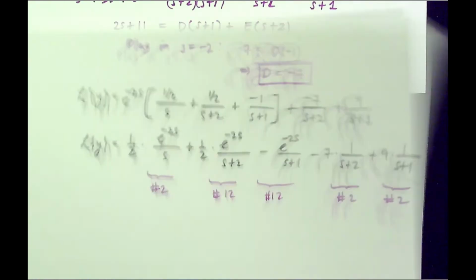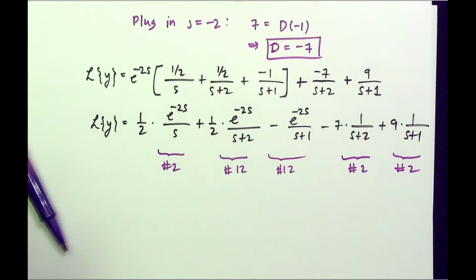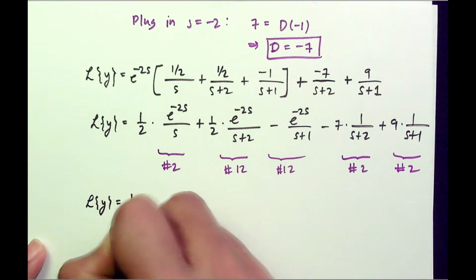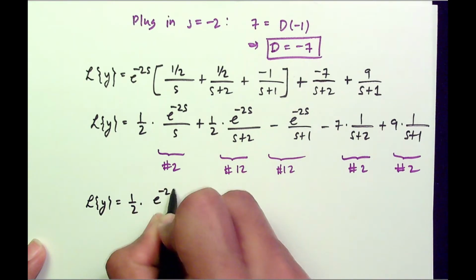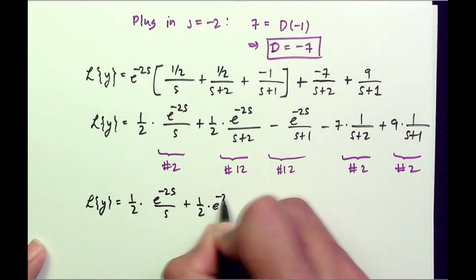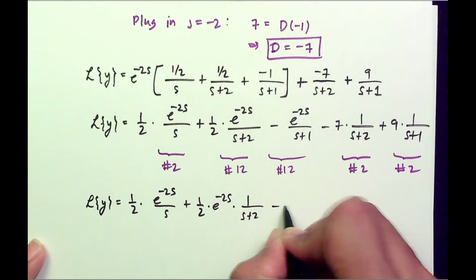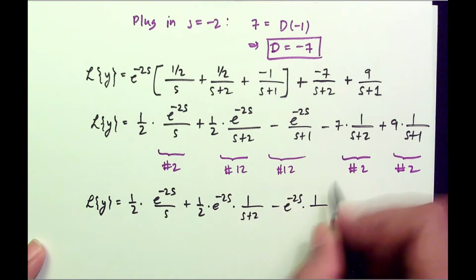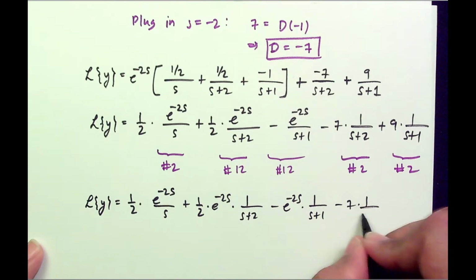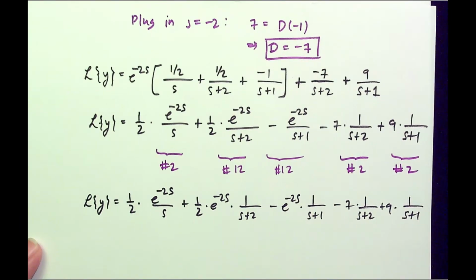Okay, so I'm just gonna take one more line to rewrite this slightly better and then use the table. Alright, so this is going to be a Laplace transform of y equals 1/2 times e to the negative 2s over s plus 1/2 times e to the negative 2s times 1 over s plus 2 minus e to the negative 2s times 1 over s plus 1 minus 7 times 1 over s plus 2 plus 9 times 1 over s plus 1.